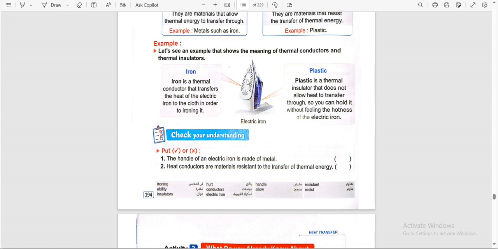The iron part conducts heat, and this is how you iron the clothes. But the plastic part is a bad conductor or a thermal insulator, so it doesn't allow heat to transfer through it, and so you can hold it safely and you will not burn your hand.